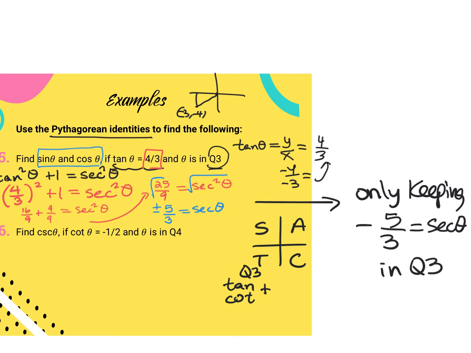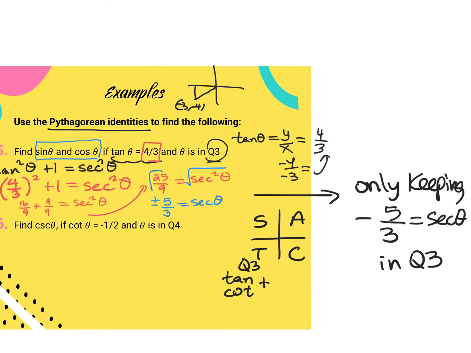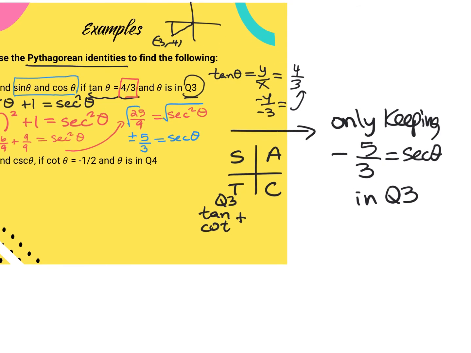Now, it didn't ask me to find secant. It asked me to find sine and cosine. So to find cosine, since I know that cosine is the reciprocal to secant, all I need to do is flip that fraction upside down, because it's the reciprocal.